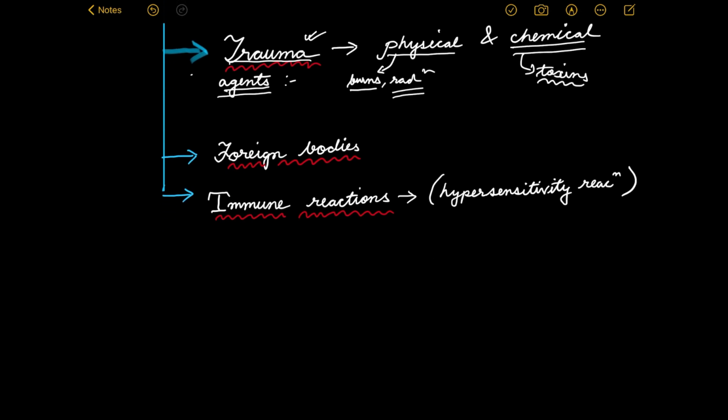Anyways, then again we come to foreign bodies. Now we had talked about infections, but when we talk about infections, mostly what we mean is the microbial infection, that it can be bacterial or viral or parasitic, all of those. But sometimes it can be something a little larger, a little bigger. For example, it can be dirt or a splinter.